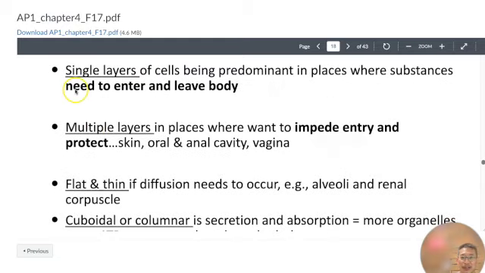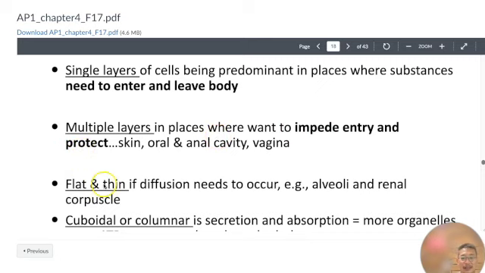So again, single layer, where substance need to enter and leave the body. Multiple layer means stratified. It will impede entry. It will not let things in easily, and it's used for protection.